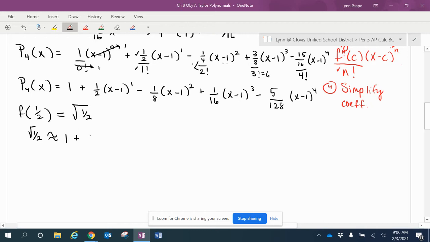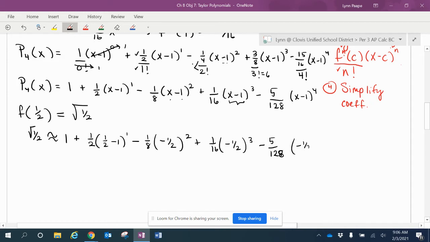So I would have 1 plus 1/2 times (1/2 minus 1) to the power of 1, and then minus 1/8 times (1/2 minus 1, which is negative 1/2) squared. I'll do that arithmetic as I go. And then 1/16 times negative 1/2 cubed, again just 1/2 minus 1, and then minus 5 over 128 times negative 1/2 to the power of 4.